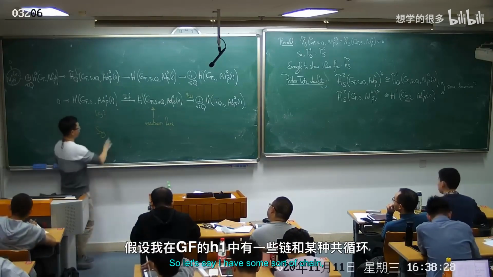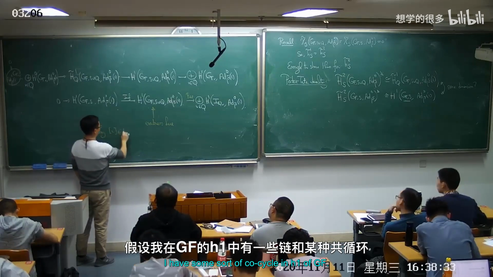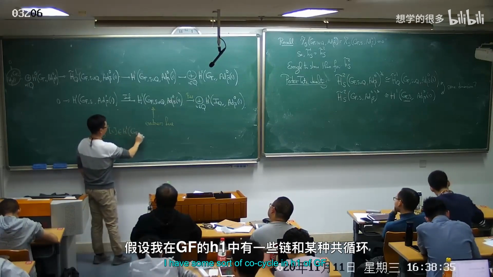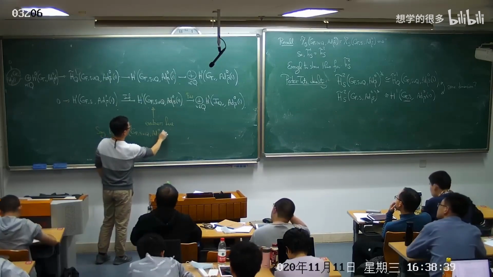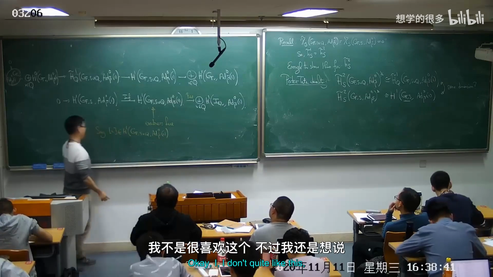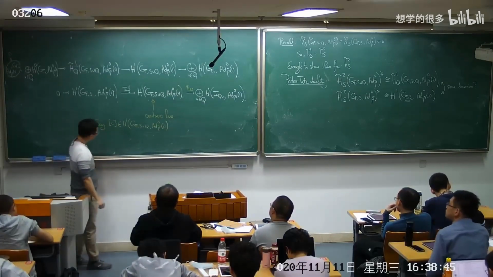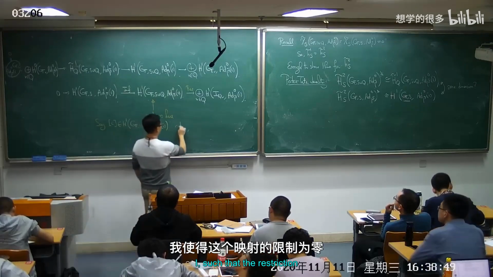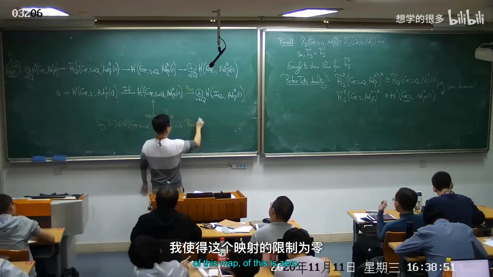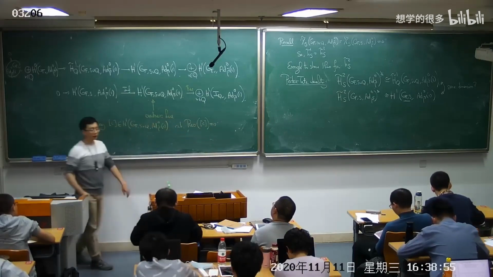Okay. So let's say I have some sort of cocycle in H1 of G_F. To be honest, I don't quite like this proof, but anyways. Now, what do we know? Such that the restriction of this map is 0.